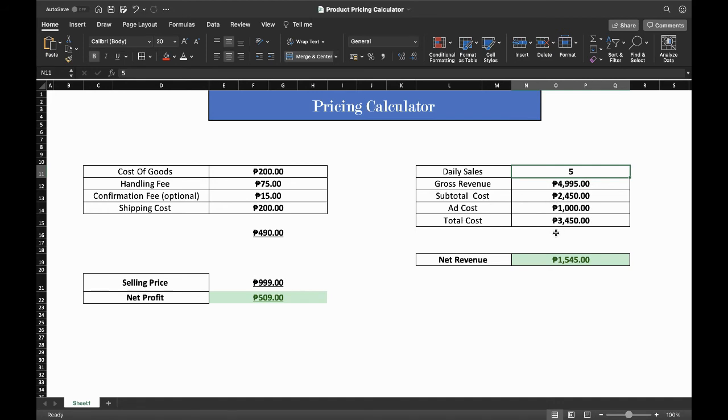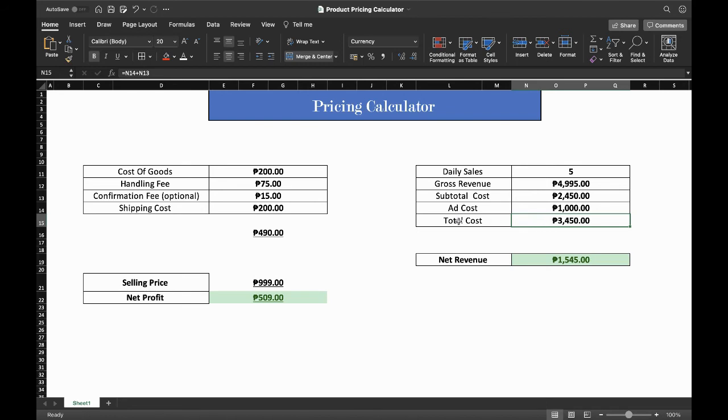Now, let's say that in that day you spent 1,000 pesos on ads. So now you're going to add your total sub cost, your operational cost or cost to ship your item, plus your ad cost. That means your total cost in reality that day wasn't 2,450, it was 3,450.